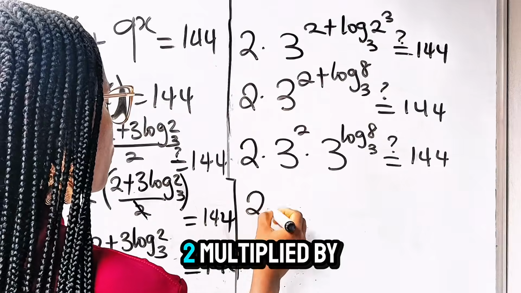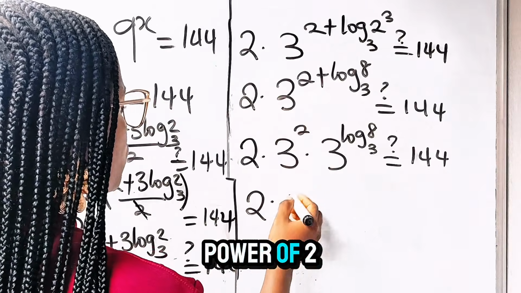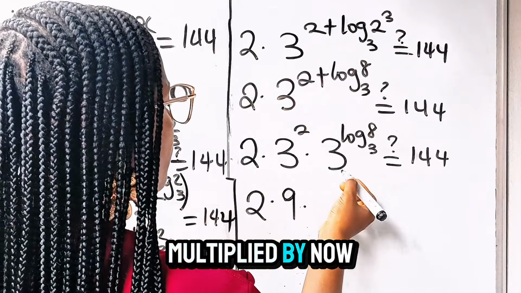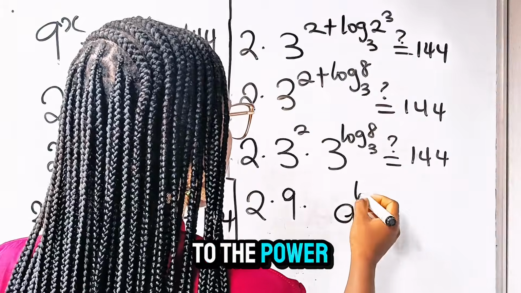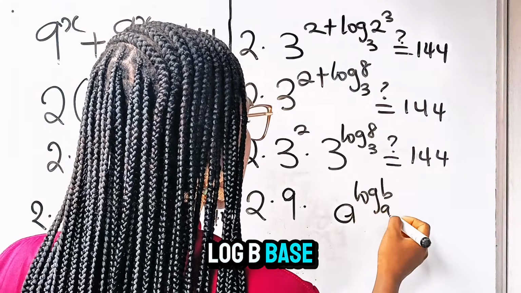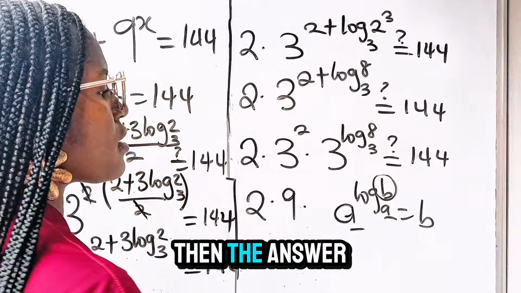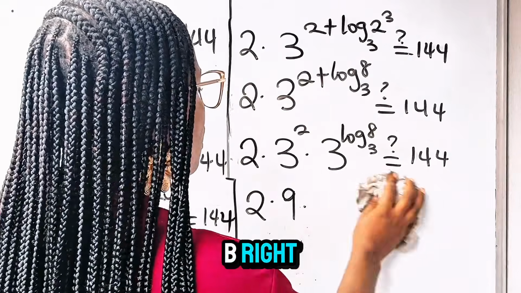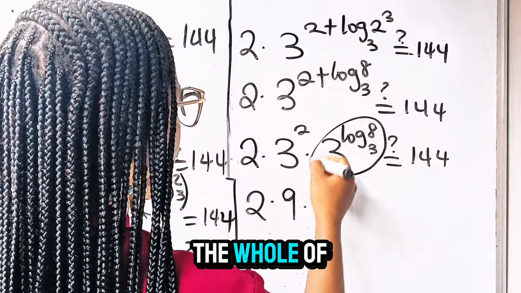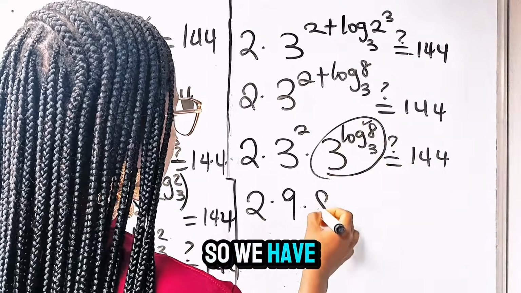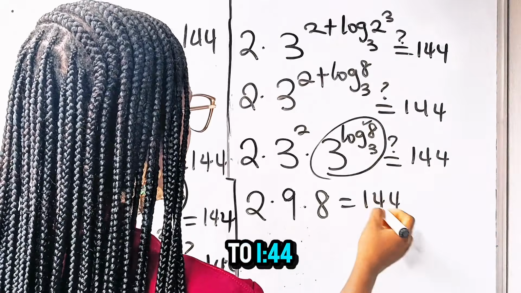Now we have 2 multiplied by 3 to the power of 2, which is 9, multiplied by. Now recall that a to the power of log b base a is equal to b. Once this and this are the same, then the answer is b, right? That means that the answer to the whole of this will be 8.